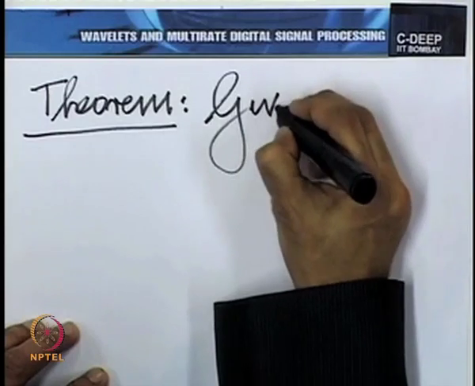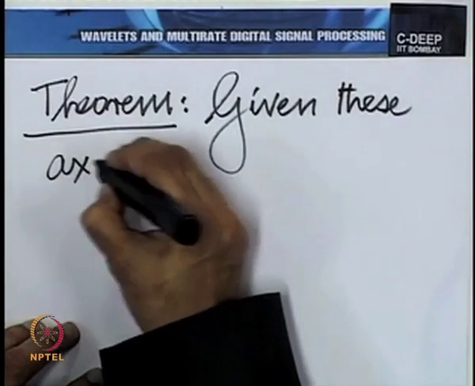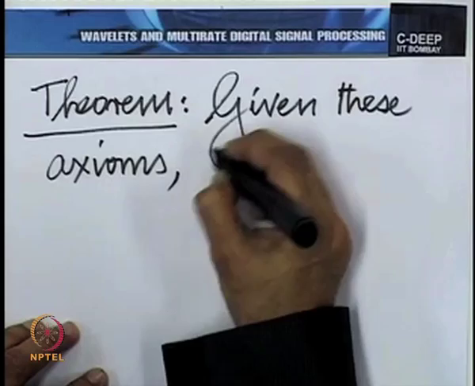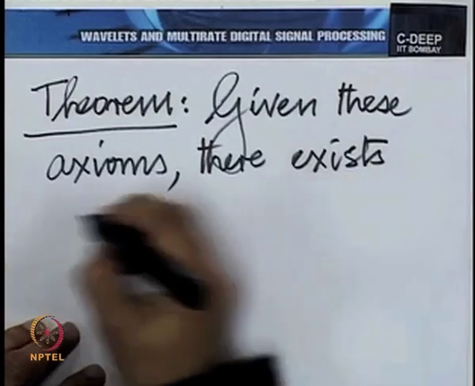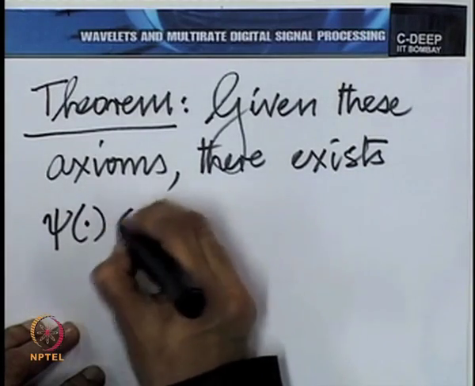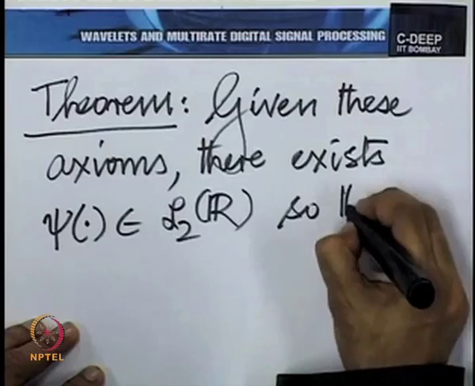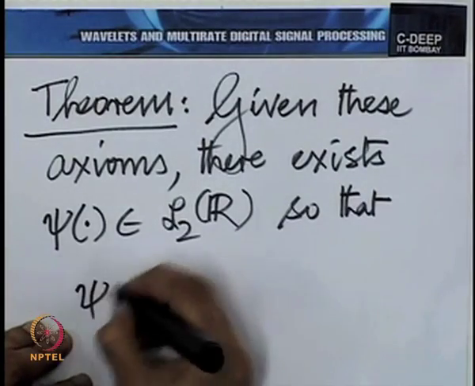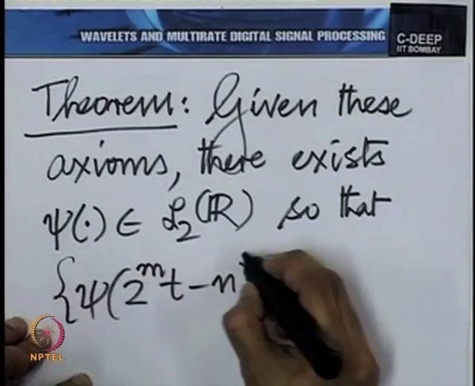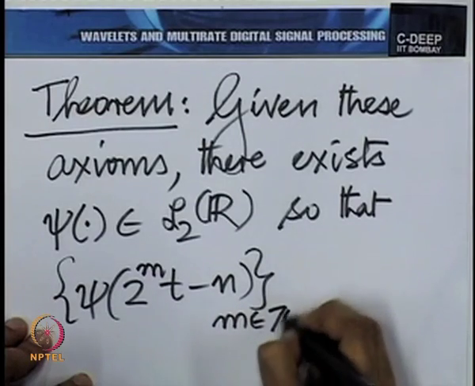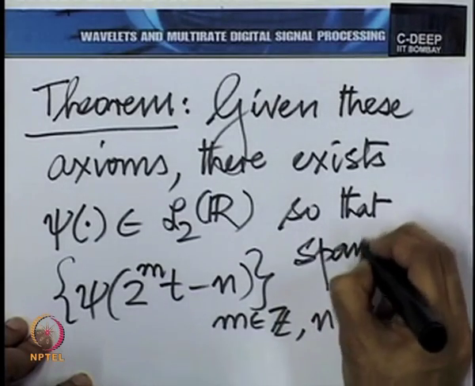Given these axioms, there exists a psi belonging to L2(R), so that psi(2 raised to the power of m t minus n), for all integer m and all integer n, span L2(R).